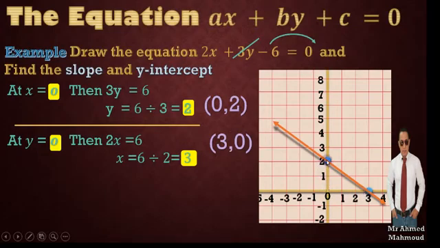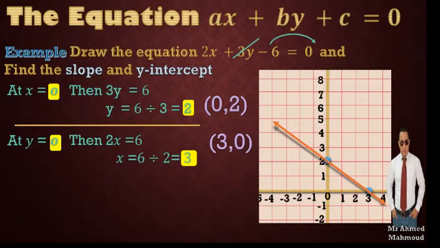Here y change equals 2 units and x change equals negative 3. Why negative 3? Because the motion from 3 to 0 to the left side is in the negative direction. So 2 over negative 3 equals negative 2 over 3.